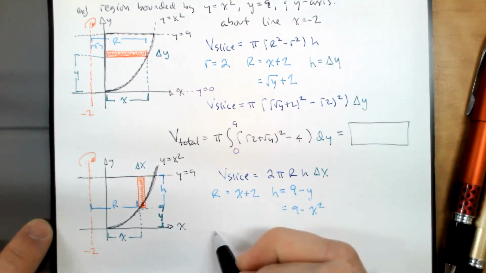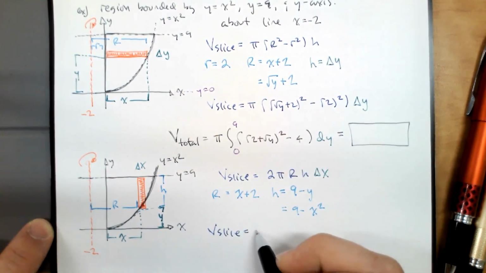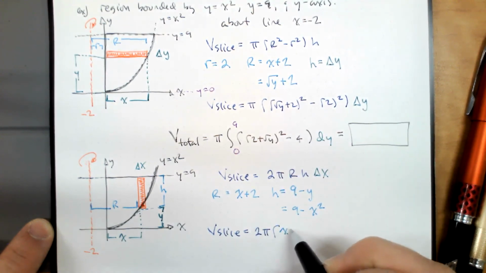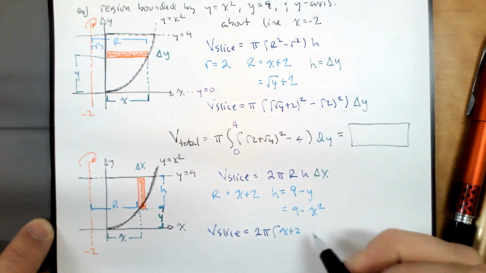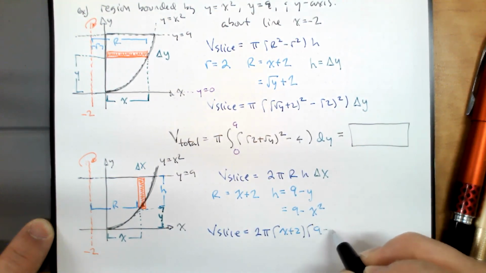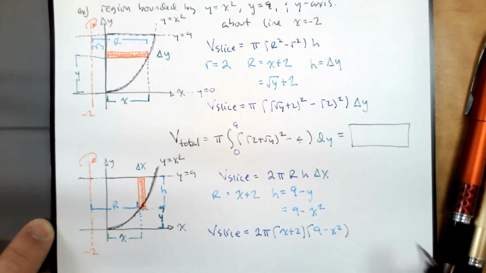So the volume of the slice is 2 pi times x plus 2 times 9 minus x squared times delta x.